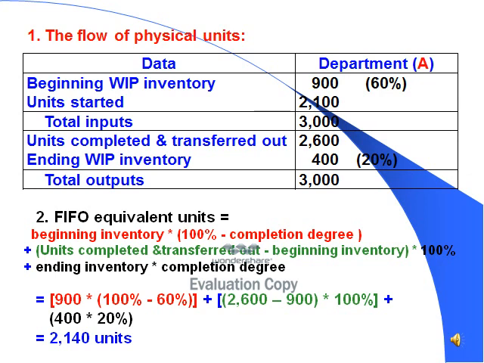Beginning inventory 900 times (100% minus completion degree for beginning inventory 60%) plus (units completed and transferred out 2,600 minus beginning inventory 900) times 100% plus ending inventory 400 times completion degree 20%, all equal 2,114 units.